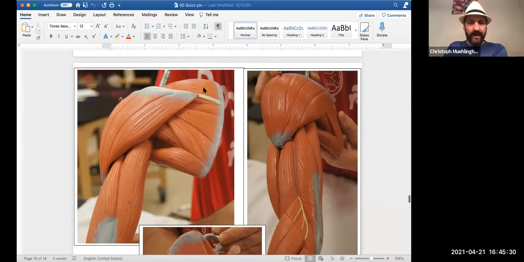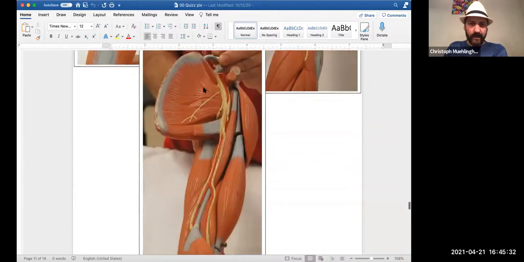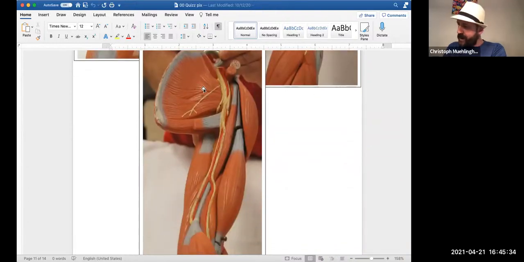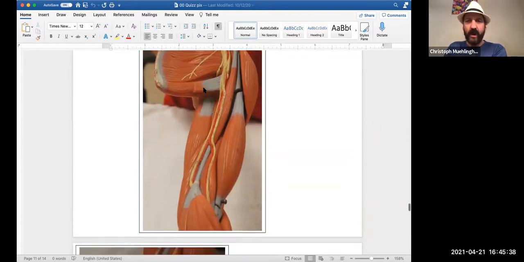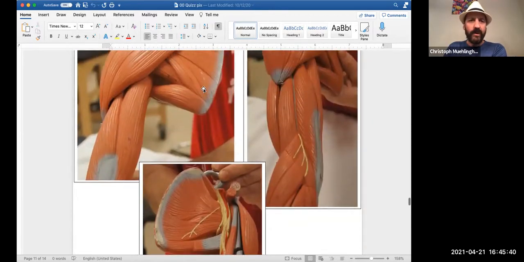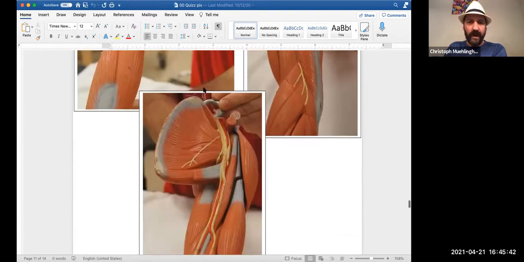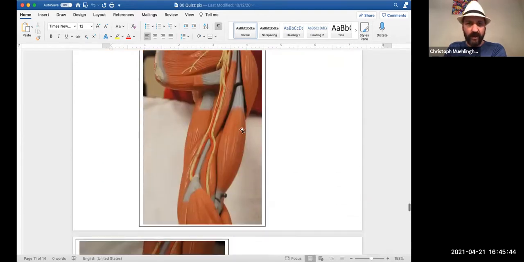First, we do one muscle up here in the arm. And I want you to tell me, when I look at the front here, so this is the front part of the arm, and that's the humeral part, the humerus area. And this top layer muscle, I'm going to take that off, and I want you to tell me the one that lies underneath.